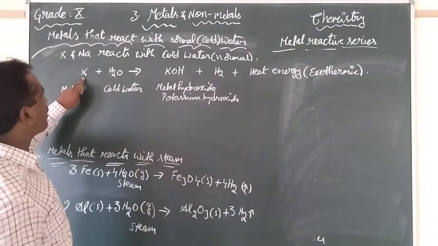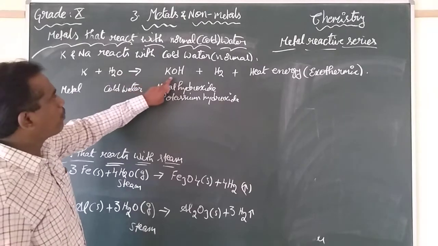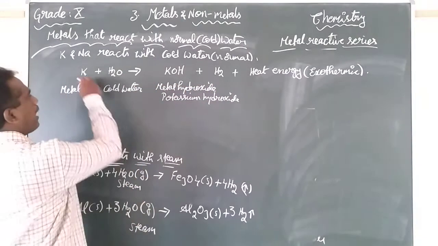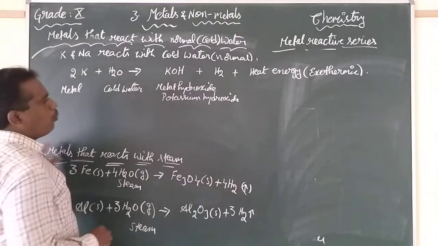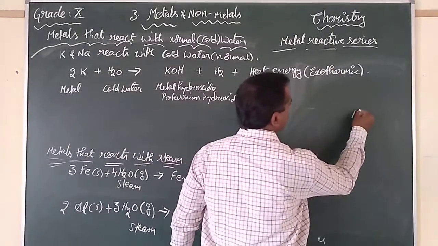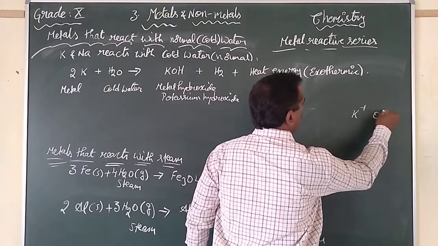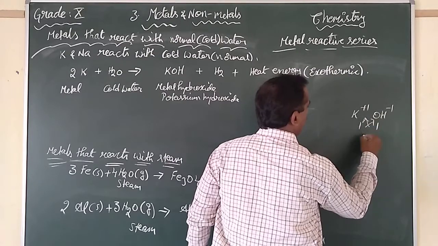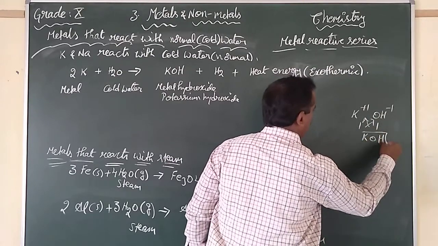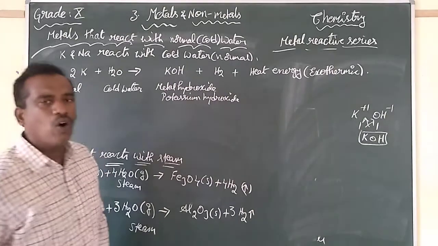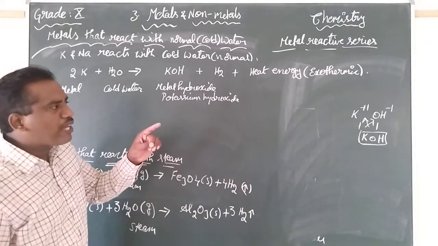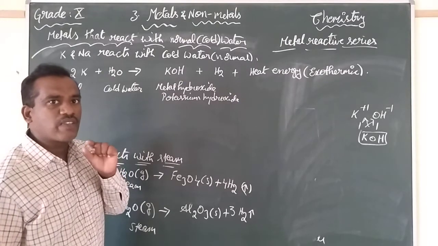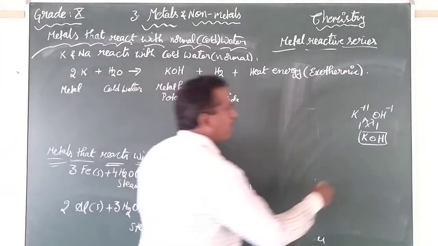We have here potassium, water, and we got potassium hydroxide, hydrogen and heat. For balancing purposes, we know potassium will show +1, hydroxide will show -1, and with 1 and 1 crisscrossing we get KOH. So 1 potassium will react with 1 hydroxide ion.